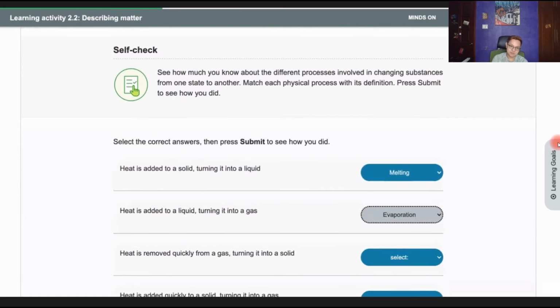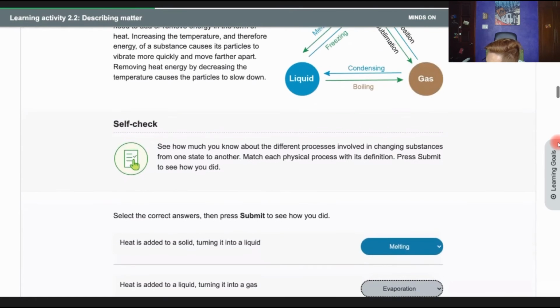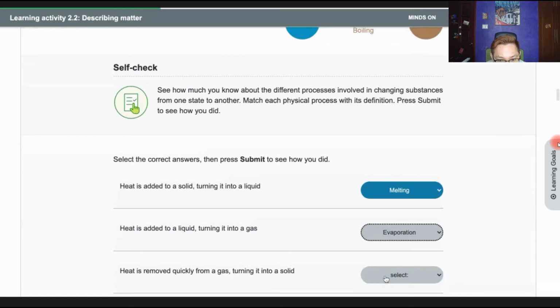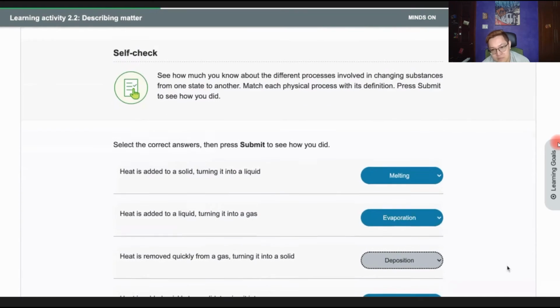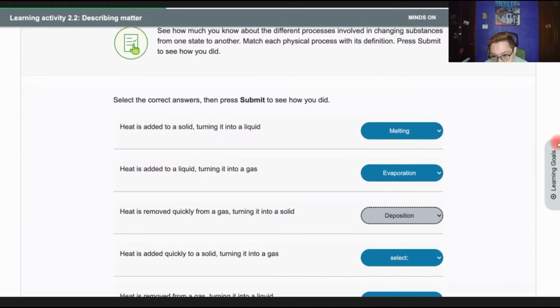Very good. Heat is removed quickly from a gas, turning it into a solid. Gas to solid. This one is deposition. It's like it deposits from gas, it quickly becomes solid, so it deposits into something, deposition.